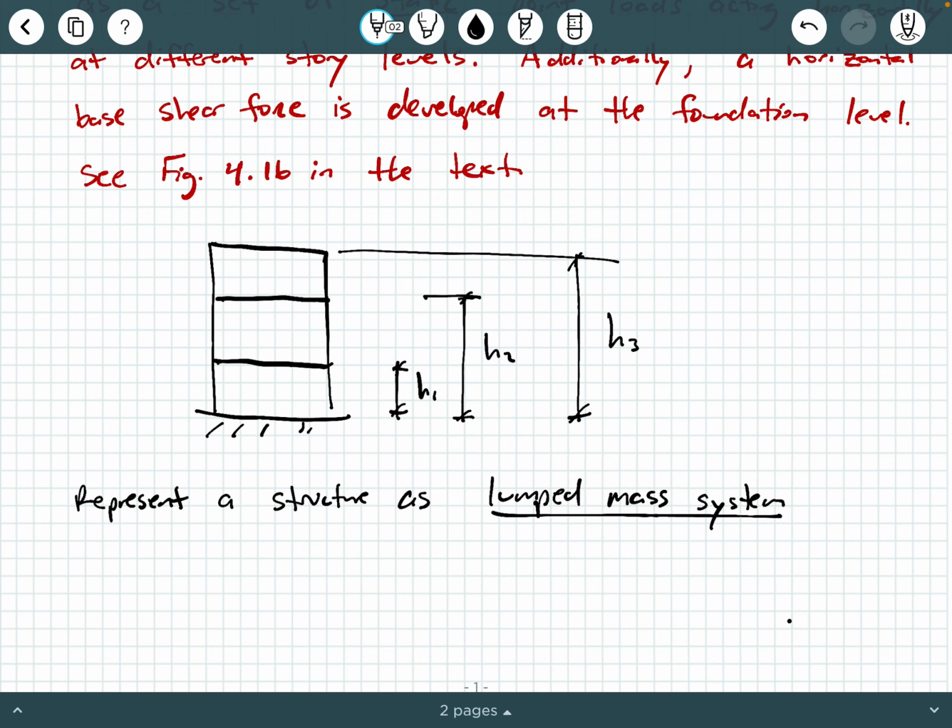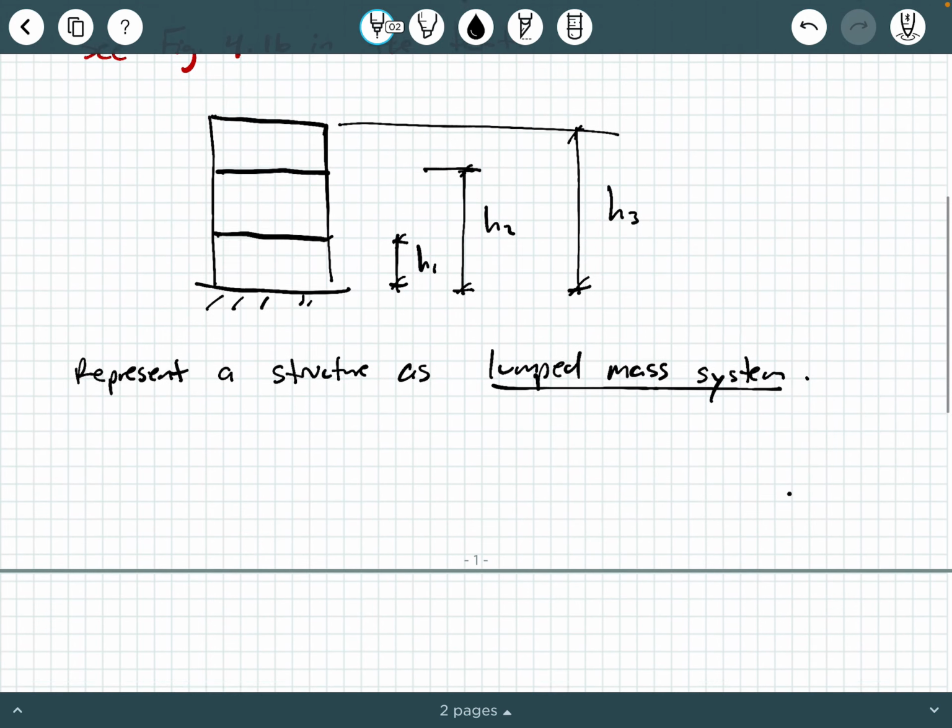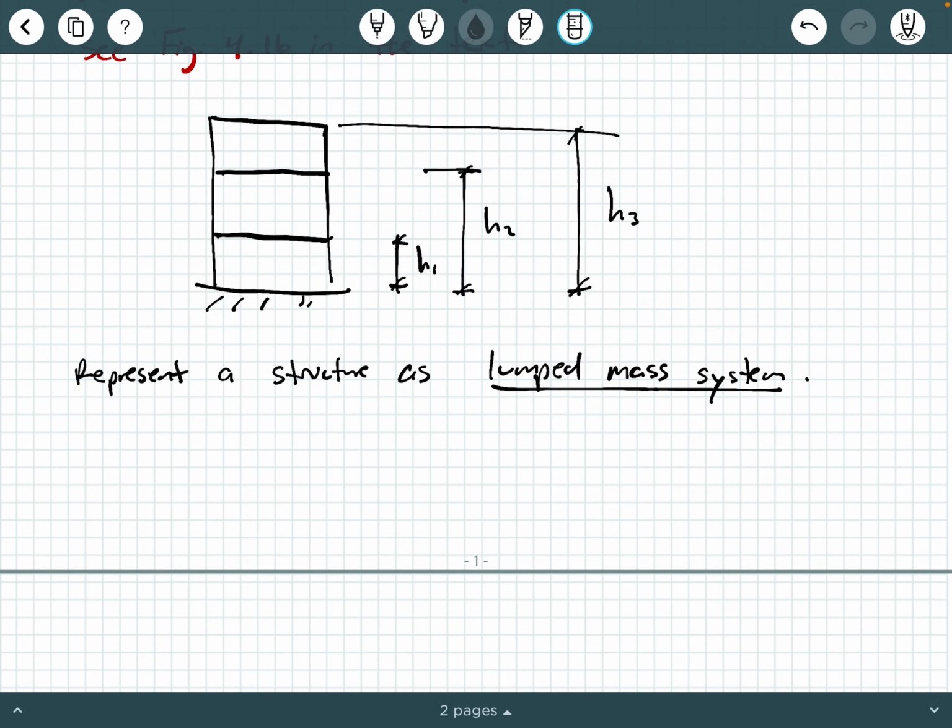So basically we take our structure, which looks kind of like a frame, and instead of drawing it as a frame, we lump each story level into a single mass. So we'll call all of the loading on this level M1, or maybe a weight, W1, W2, and W3.